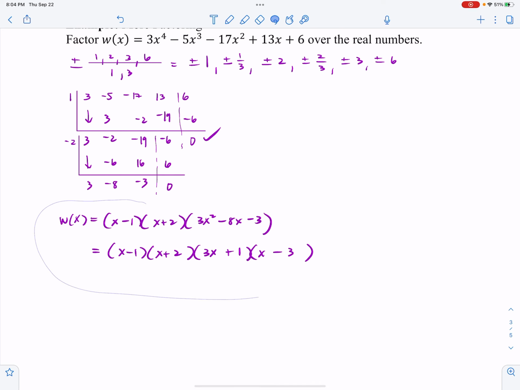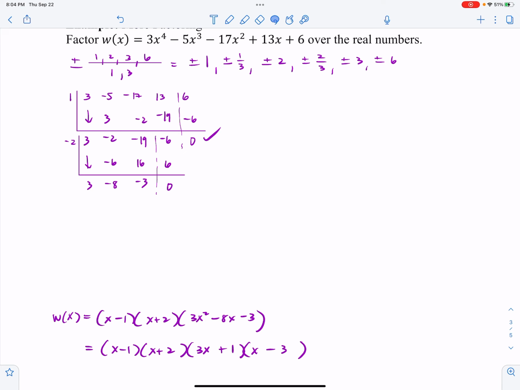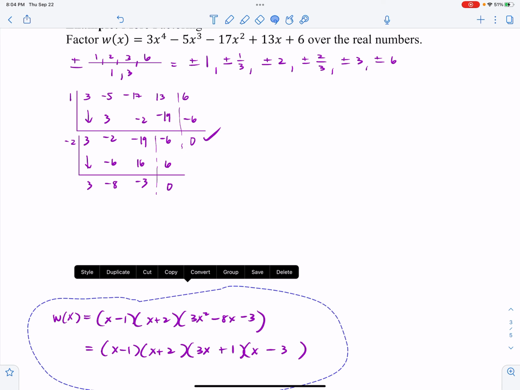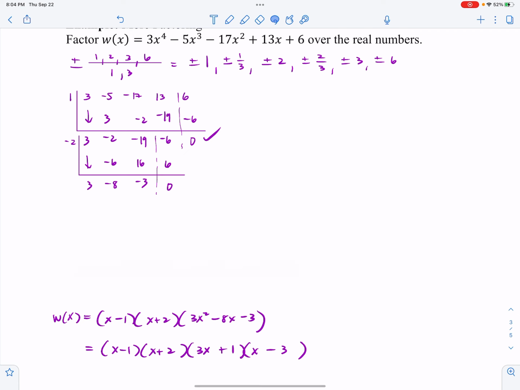Now I do want to point out one thing. If you had not used guess and check, or let's say that you had tested -1/3. So if you tested -1/3, okay, 3 times -1/3 would be -1.